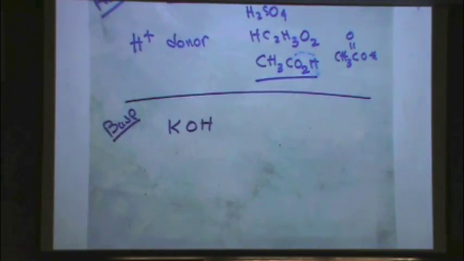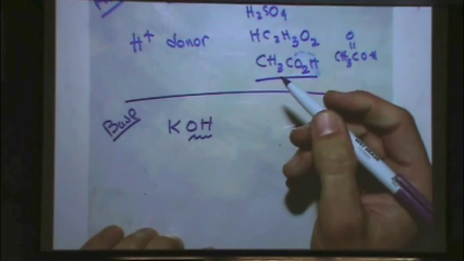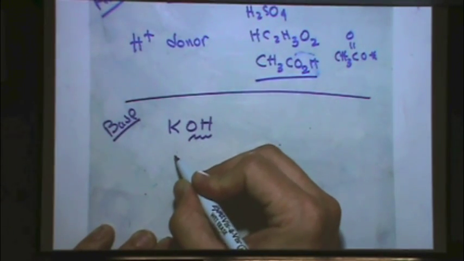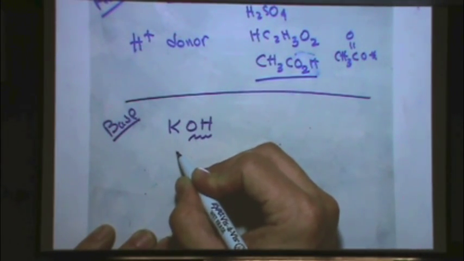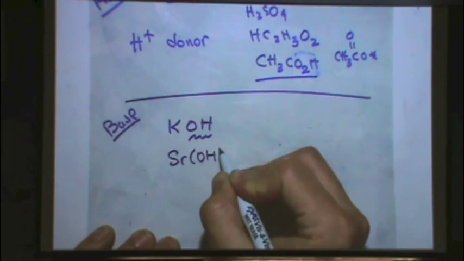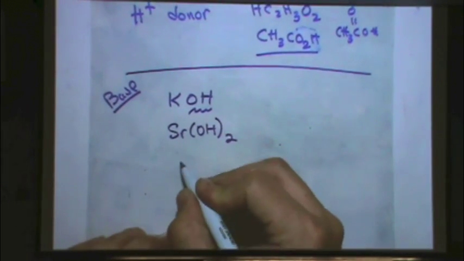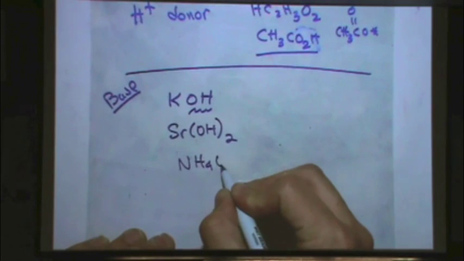It's usually something that has a hydroxide polyatomic ion attached to it. So this hydroxide would symbolize a base typically for us. Let's do another one. Strontium hydroxide, that's a base. There's also ammonium hydroxide, that's a base.